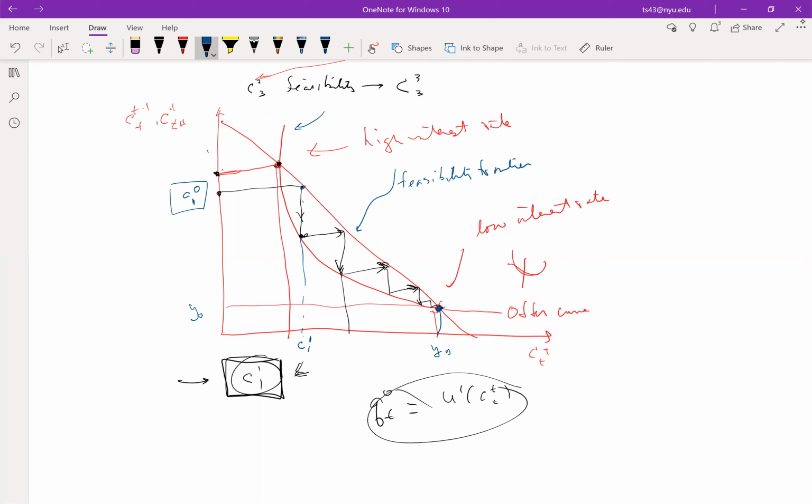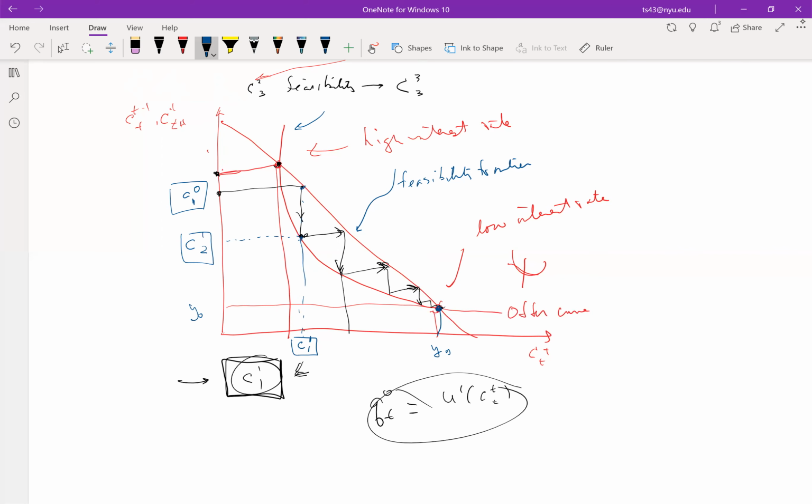This is an old person at time one. But to make that young person at time one content in a competitive equilibrium, we have to give that young person this amount on the offer curve when they are old.